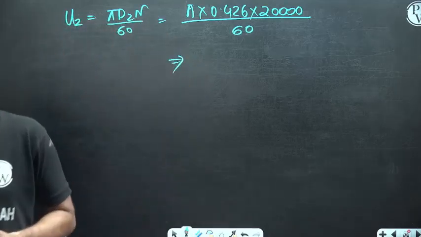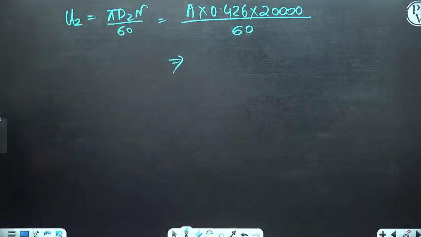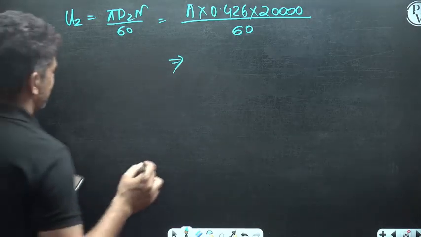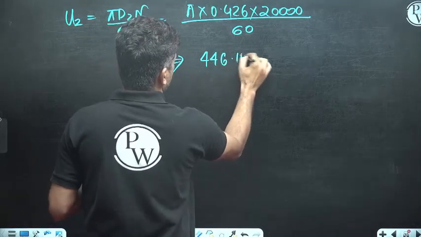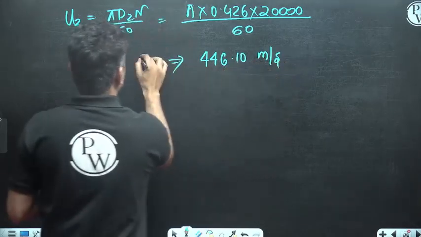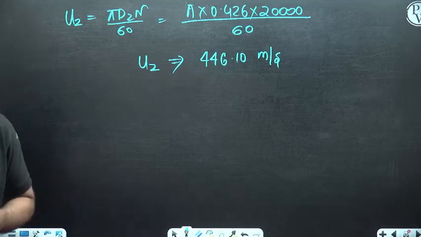So this value will come out to be pi multiplied by 0.426 multiplied by 20,000 divided by 60. So this comes out to be 446.10 meter per second. This is your U2.